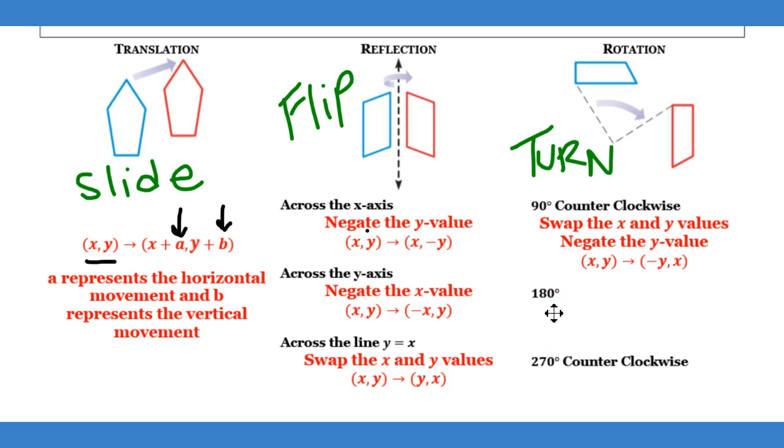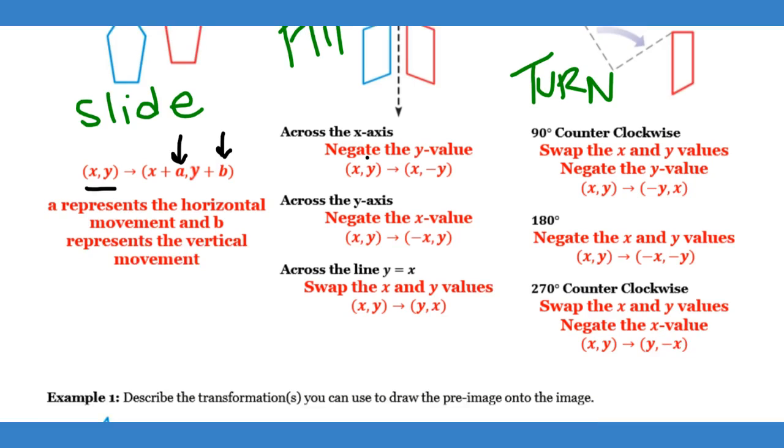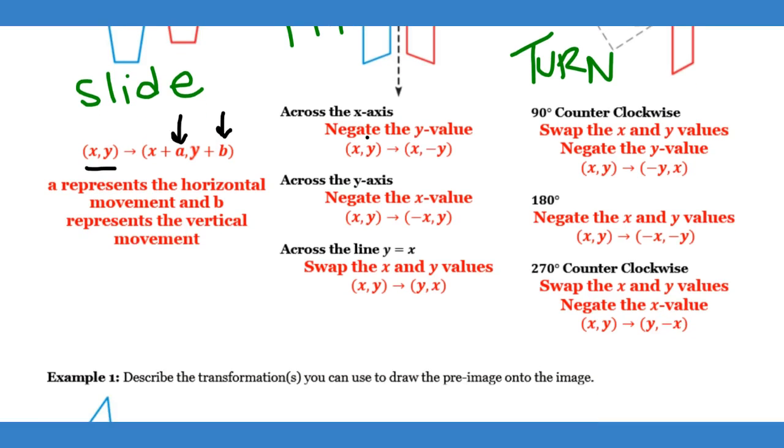If you want to go 180 degrees around a point, you're going to make both the x and y values negative. And if you want to go 270 degrees counterclockwise, which is the same as 90 degrees clockwise, then you're going to swap the x and y values and negate the x value. So these are the rules for a translation, a reflection, and a rotation.